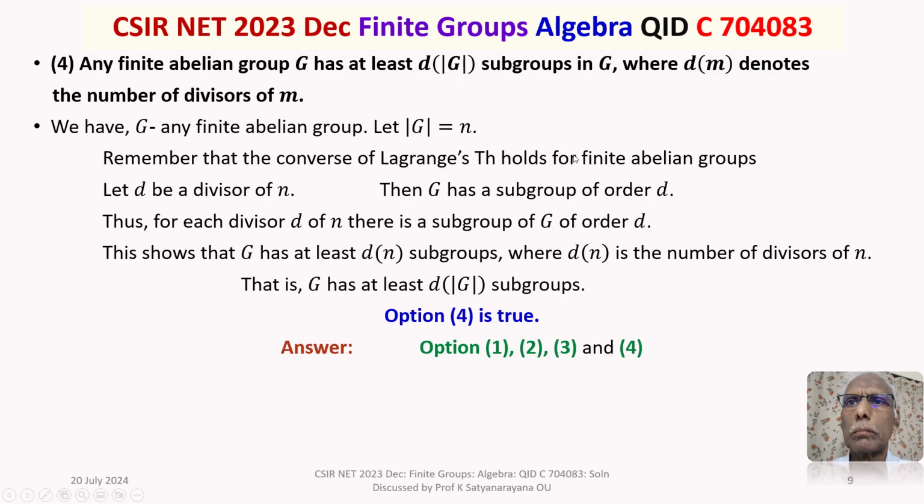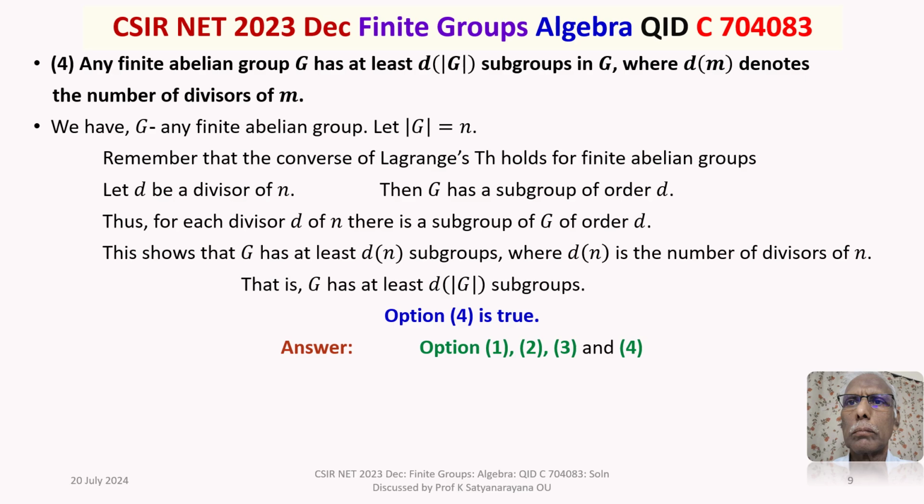As I have already told you in the beginning of the discussion, these options do appear in standard textbooks under exercises, and many students preparing for this kind of examination, the national eligibility test, do remember them.